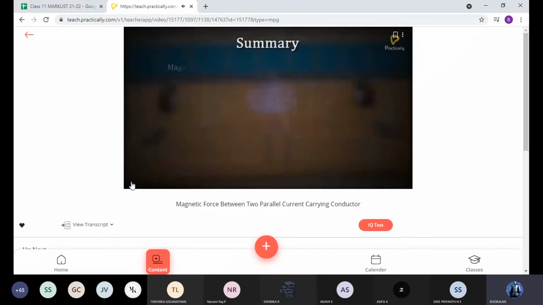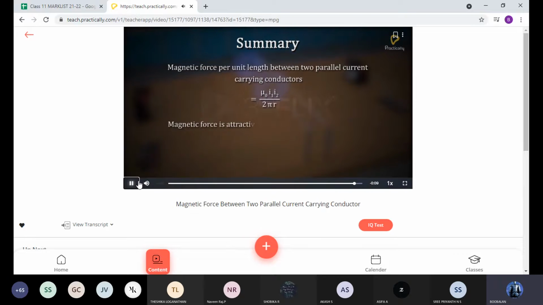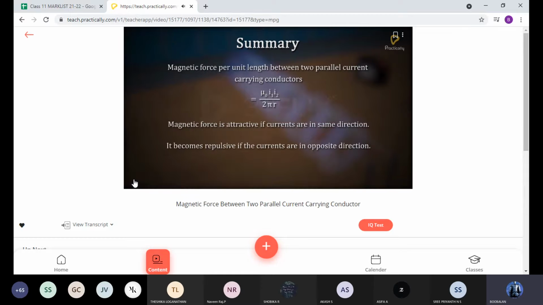Summary. Magnetic force per unit length on two parallel current-carrying conductors separated by a distance r is equal to mu naught I1 I2 by 2 pi r. Magnetic force is attractive if currents are in the same direction. It becomes repulsive if the currents are in opposite direction.